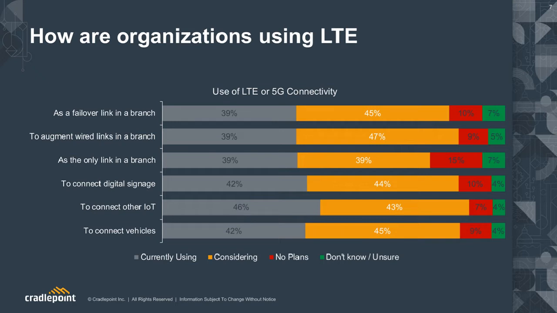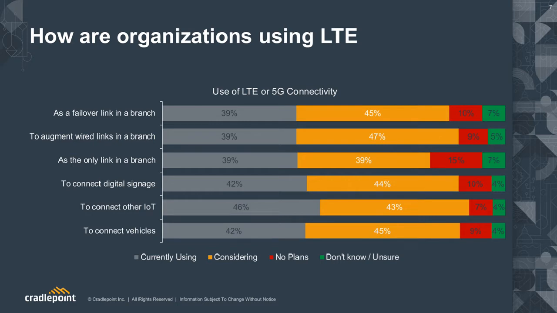We definitely still see that many companies are looking at LTE as a failover link. Meaning that they have a wired link that they use for most of their traffic, but they use cellular as a failover. That's been a traditional use of LTE. It's still a great source, particularly since there are a lot of locations that maybe can't get a second broadband link, but they still do want to use wired as one of their sources.